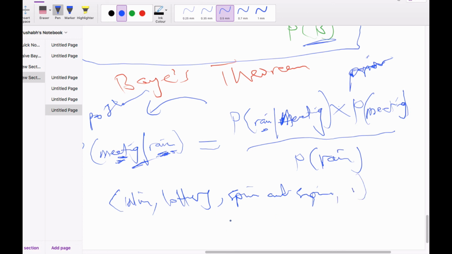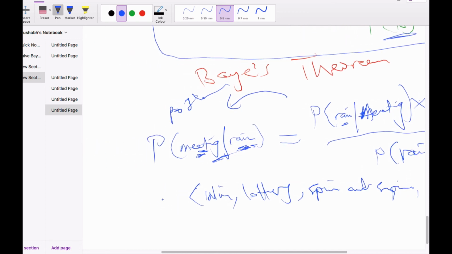What Google will say is, with this email, whether it is going to go into the inbox or into the spam folder. They have some bag of words already. If a new email is coming in, what is the probability of this email going into the inbox, given that there are certain words?